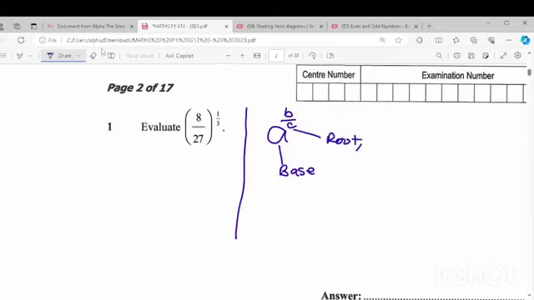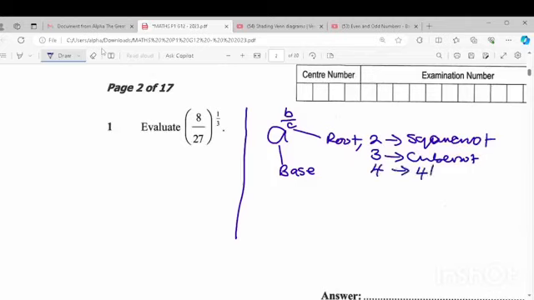So if c is 2, it means you need to find the square root of the base a. If it's a 3, it means you need to find the cube root of the base a. And if it's a 4, it means you need to find the fourth root of the base a, and so on.